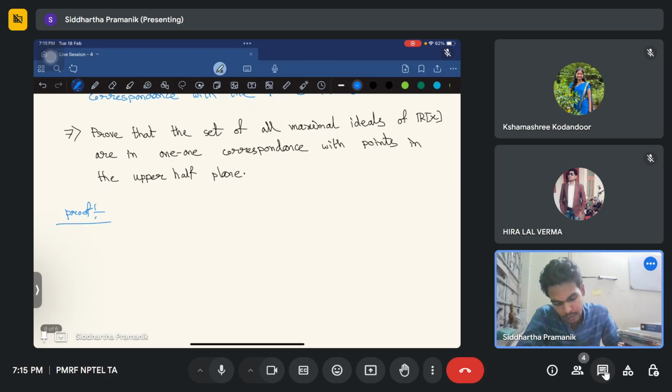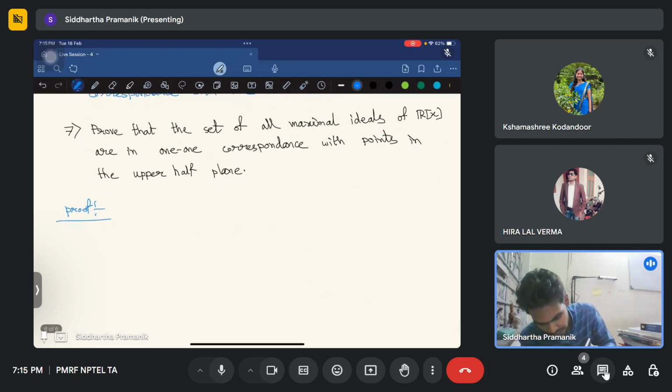So for this, let's try to describe the maximal ideals of R[x] first. As we have done in the case of C[x], let's see what the maximal ideals of R[x] are. R[x] is also a PID, right? Now let I be a maximal ideal of R[x].